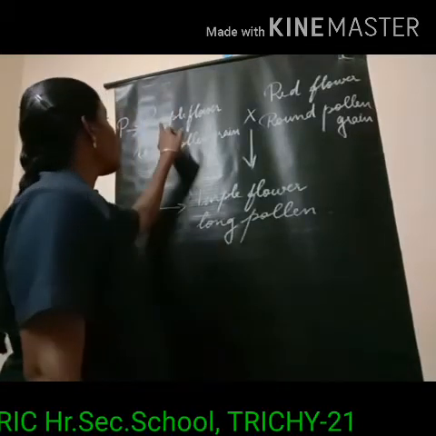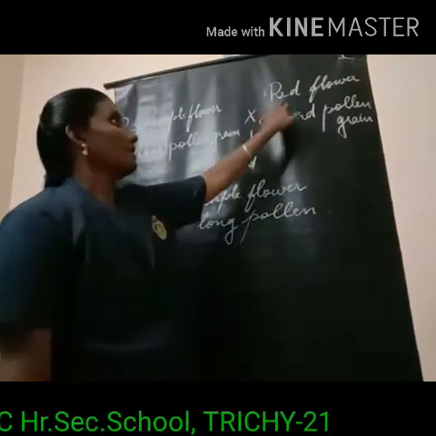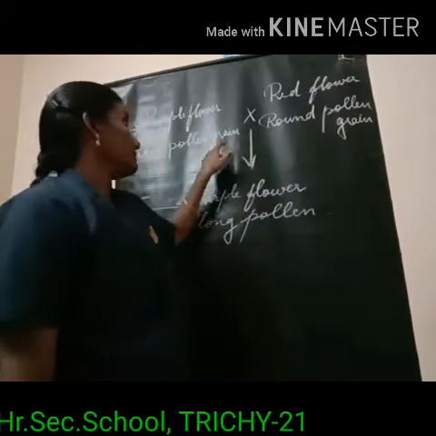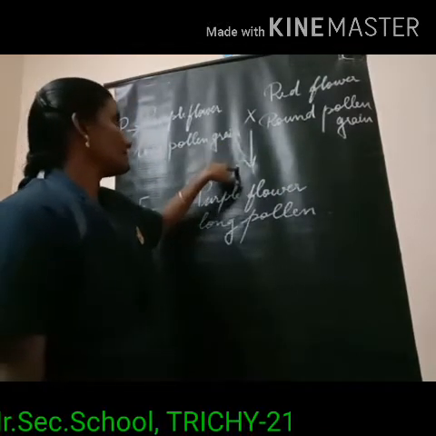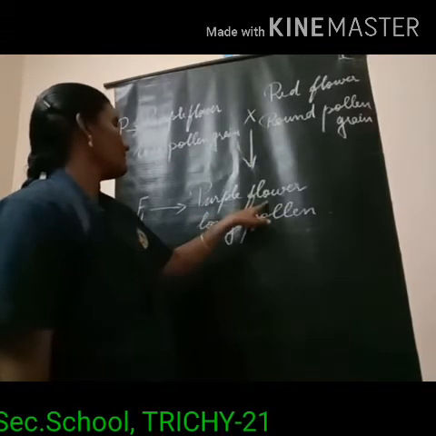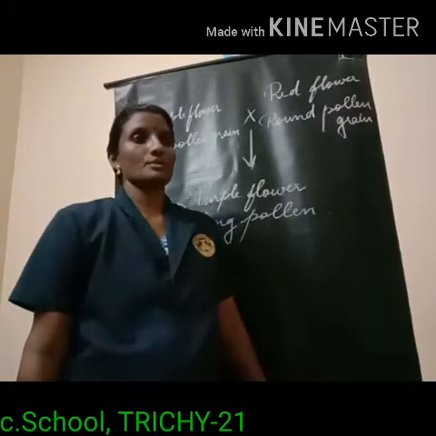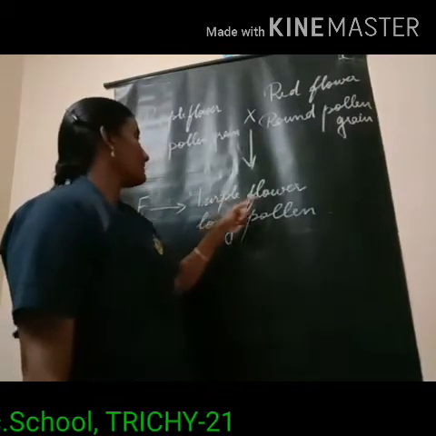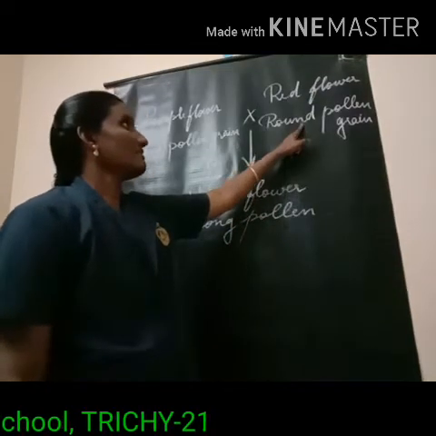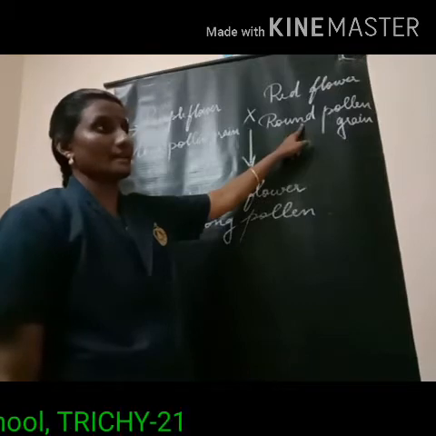They crossed a purple flower, long pollen grain plant with a red flower, round pollen grain plant. In the F1 generation, they got purple flower and long pollen. From this, they concluded that purple flower and long pollen are dominant characters, and red flower and round pollen grain are recessive characters.